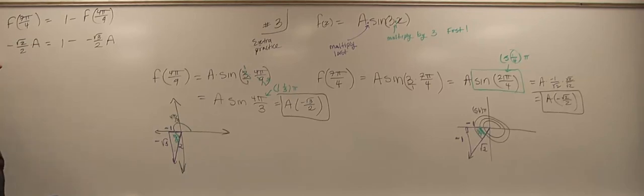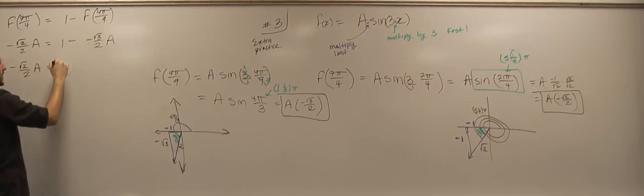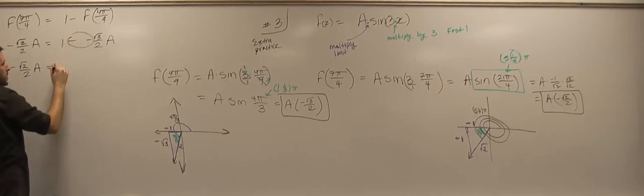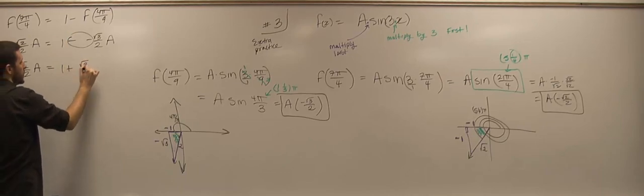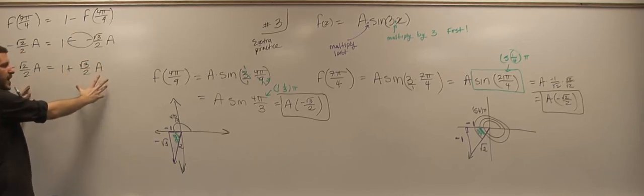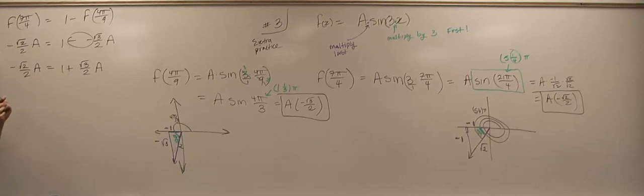How do I do that? First of all, this minus minus is really irritating me. So I'm going to change this to 1 plus root 3 over 2a. And a is your variable, so you want to get everything with an a on one side and everything else on the other side.